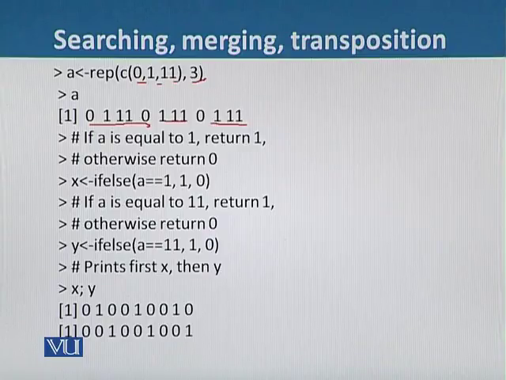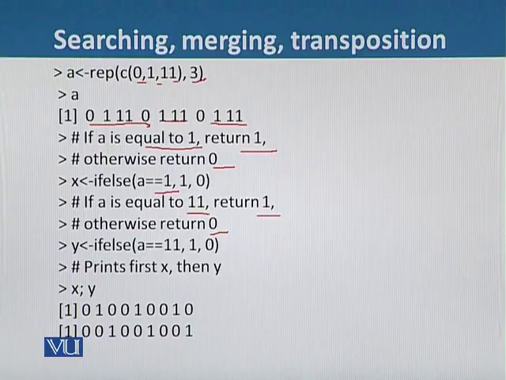So we are using the command ifelse. If a is equal to 1, then it will be written as 1. Otherwise, it will be written as 0. Then if a is equal to 11, then return 1, otherwise return 0.